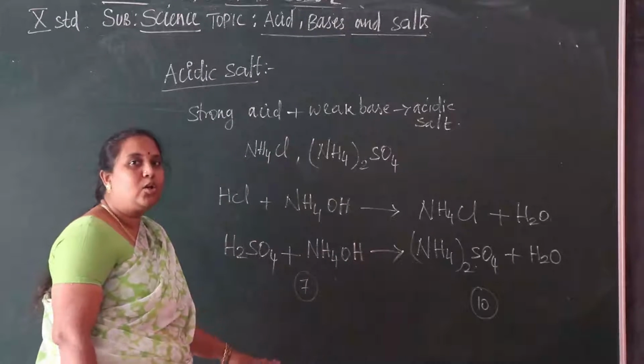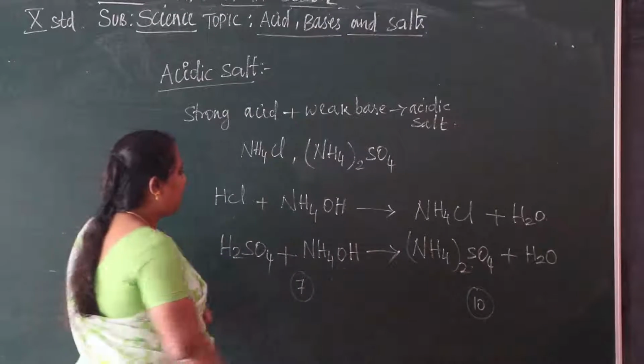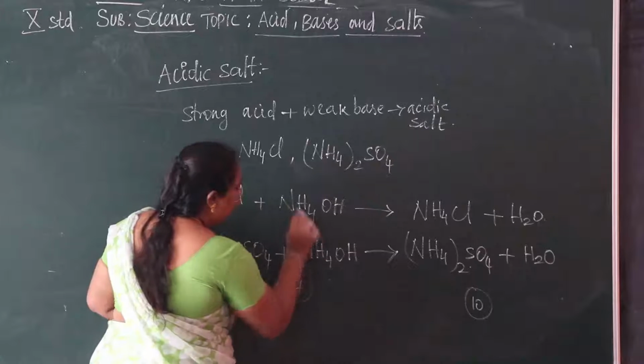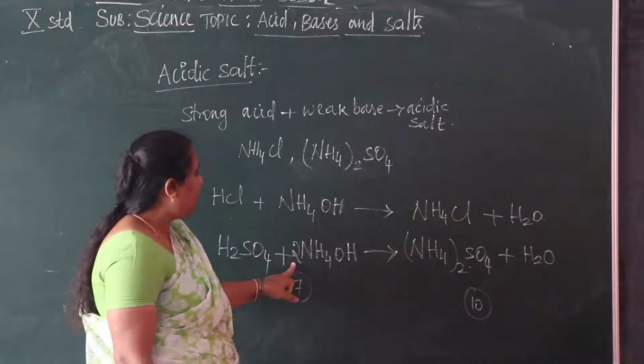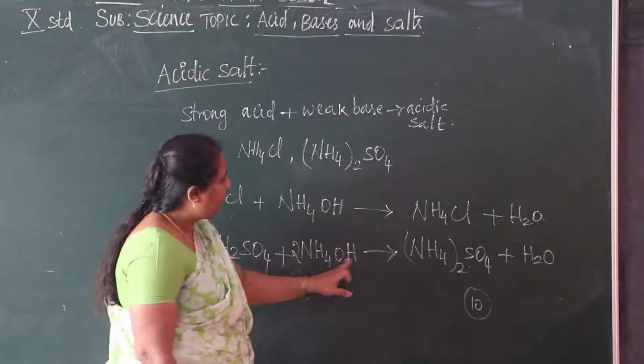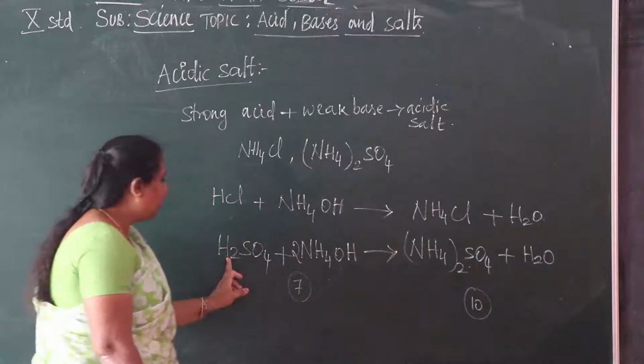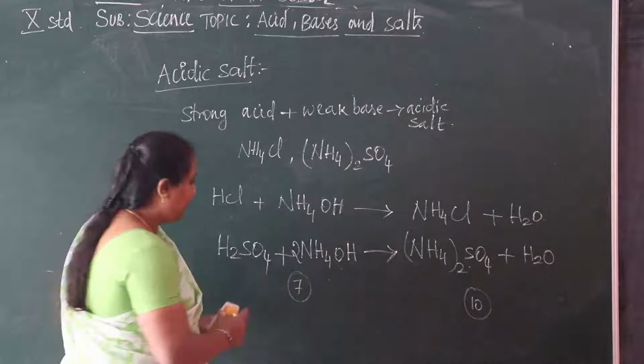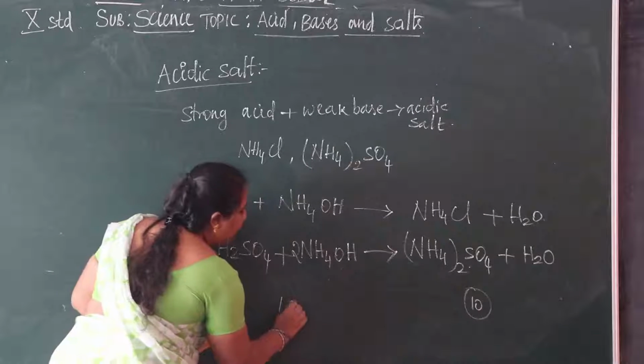So now we want to balance this equation. How to balance? We multiply by 2 here. Now we have 2 plus 4 twos are 8, 8 plus 2, 10, plus 2, so 12 on this side.